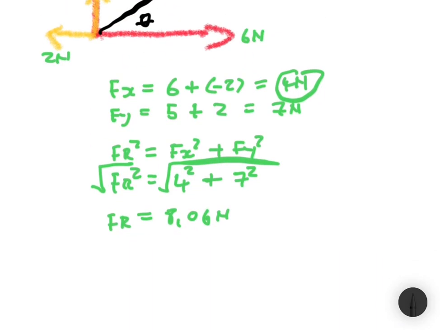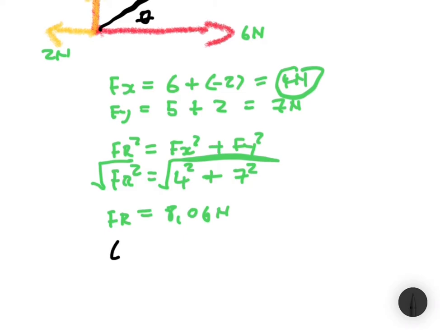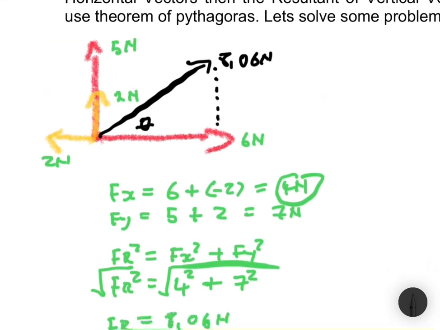So if I want that angle, I can say that tan of theta is equal to the opposite divided by the adjacent, right? So theta is going to be tan inverse of the opposite, which is the resultant along the vertical axis, right? So it is 7 newtons.